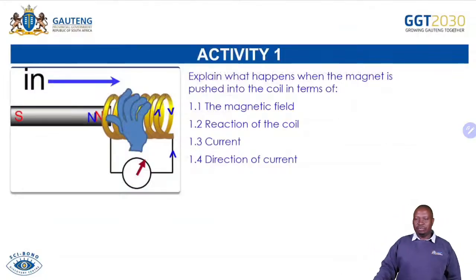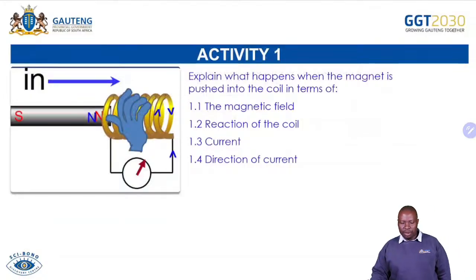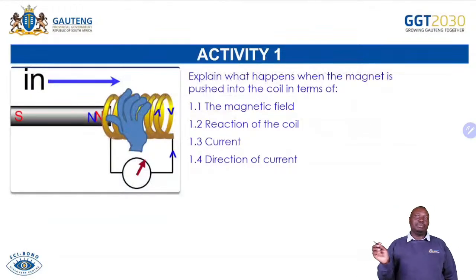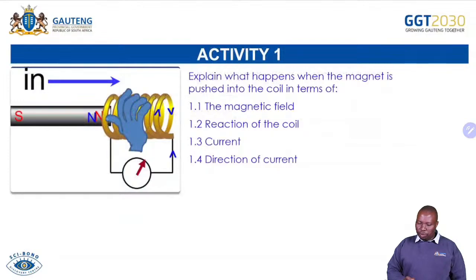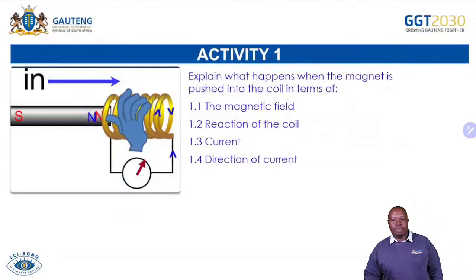There will be change in magnetic flux, and as the north pole approaches, the coil will now be a north pole, so that it can repel or oppose the incoming north pole. So the coil will be north pole, that is the reaction, so that it can repel that one.